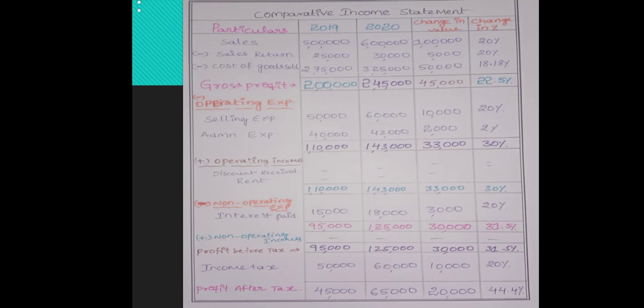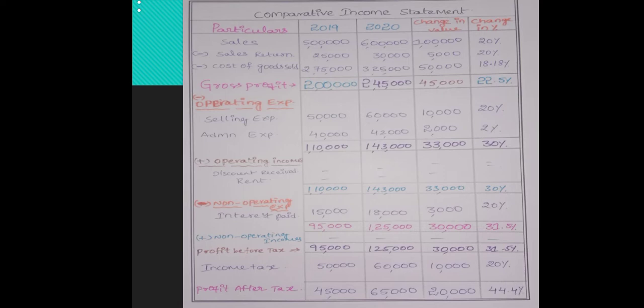So after that we need to calculate the gross profit. So 5 lakhs minus 25,000 and 2 lakhs 75,000, we get the 2 lakhs amount as the gross profit. Then 6 lakh, 2020, this is the current year, 6 lakhs minus 30,000 minus 3 lakh 25,000, we get 2 lakh 45,000 as the gross profit.